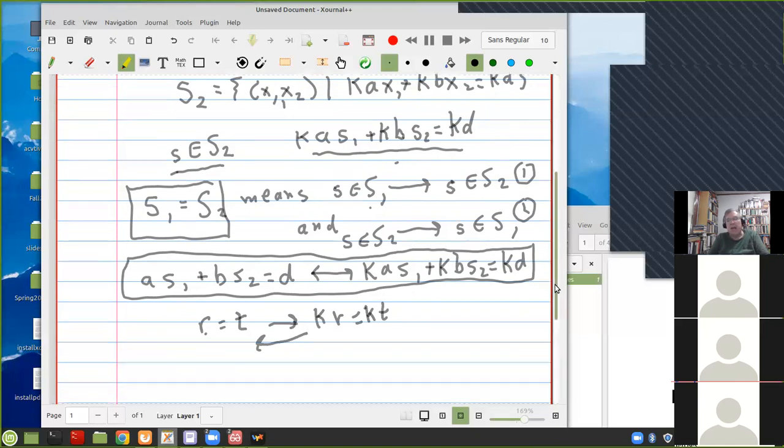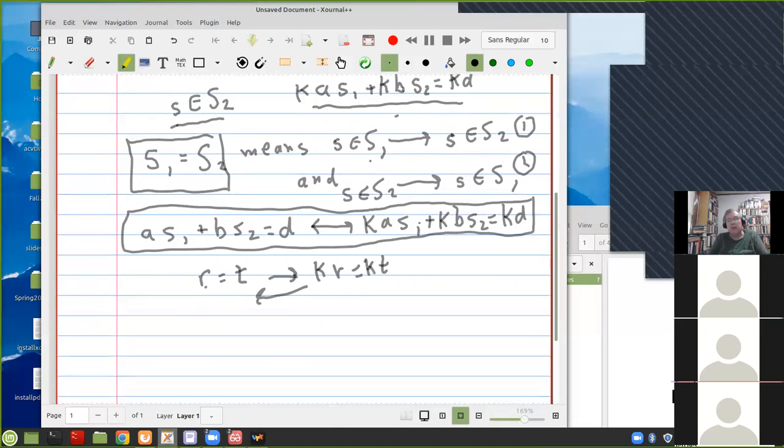And that's what it boils down to: if I have two numbers that are equal, I can multiply both sides by a number, and I get something that's true. And if I go the other way, I also have something that's true. So this is the whole take-home message, the core of the idea.